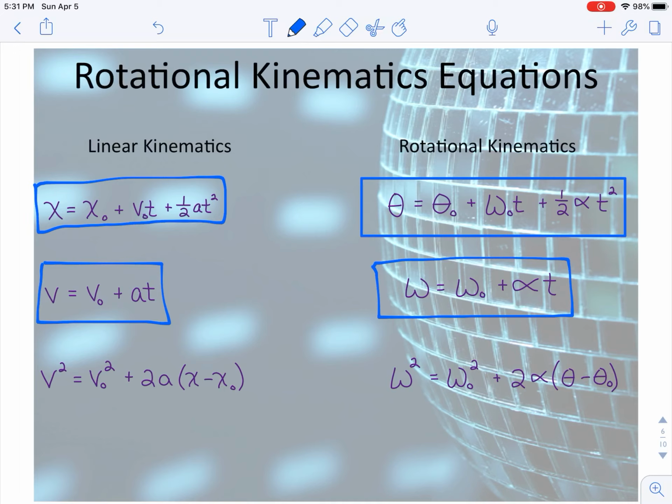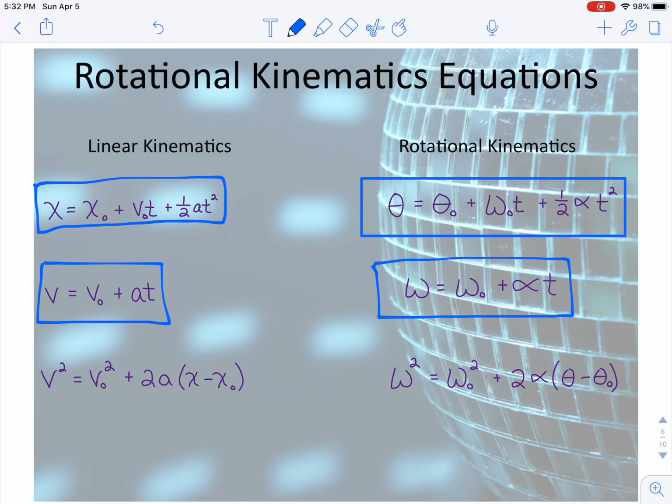So we have angular position final equals angular position initial plus angular velocity initial multiplied by time plus 1/2 angular acceleration multiplied by time squared, or theta final equals theta initial plus omega initial t plus 1/2 alpha t squared.